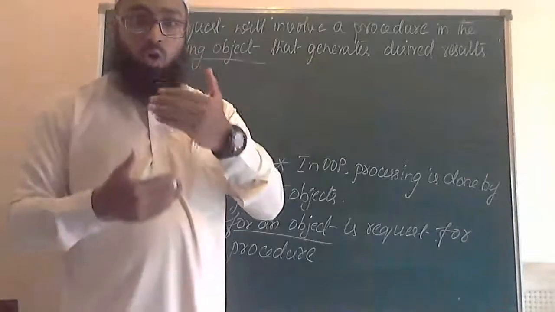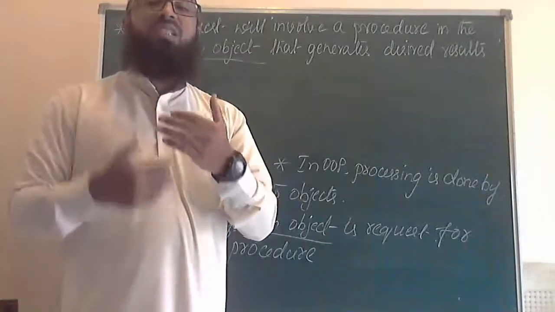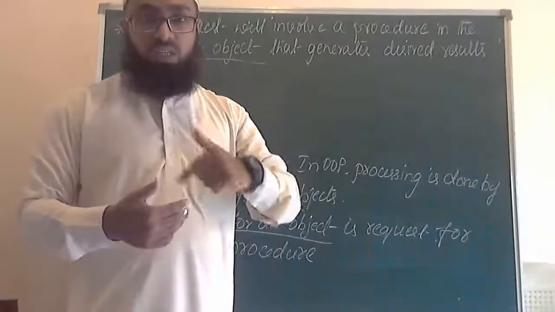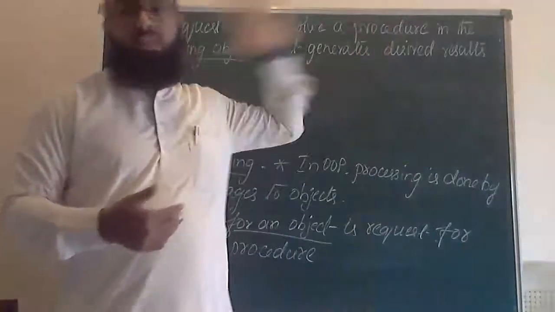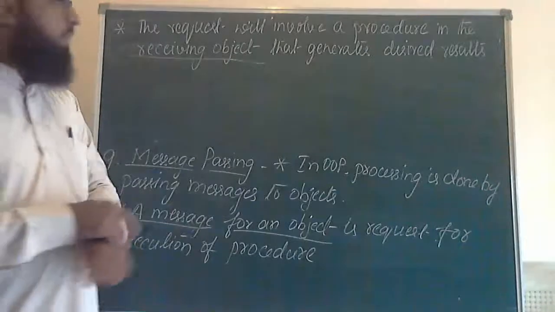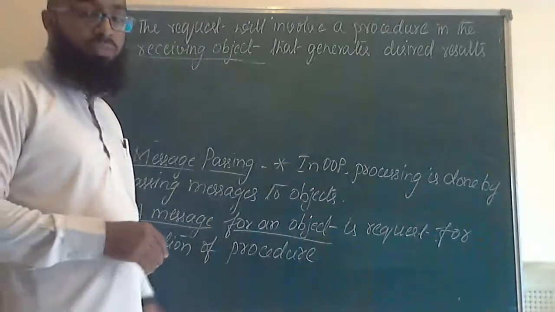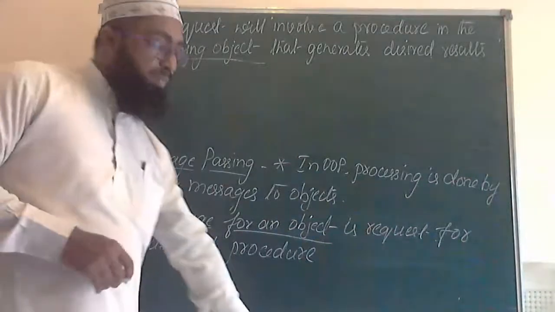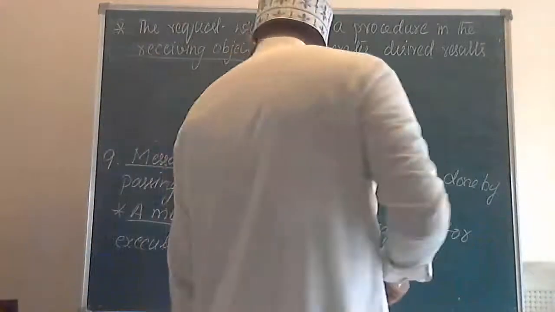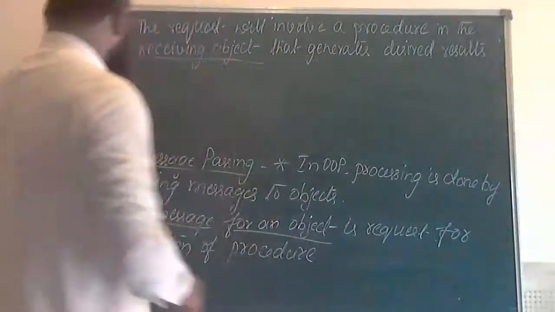The message received is the request, and the request will involve a procedure to generate the result. This is called message passing. So today we have completed the characteristics of OOPs. Next we shall move to the next topic, advantages of OOP.